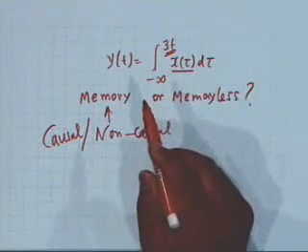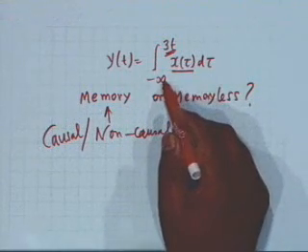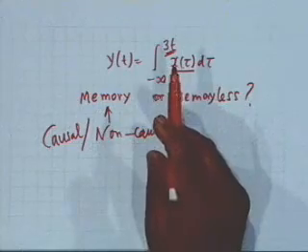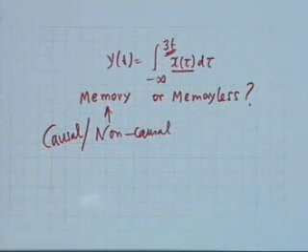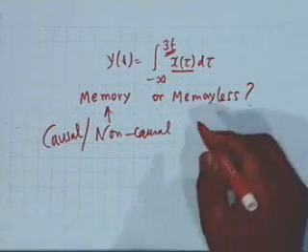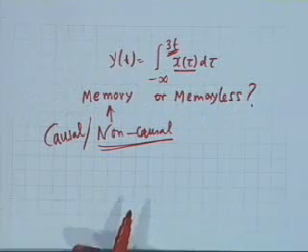X of tau occurs here, and therefore tau varies from minus infinity to 3t, and if t is 1, then the output at 1 depends on what the input shall be at 3, and therefore the system is non-causal.